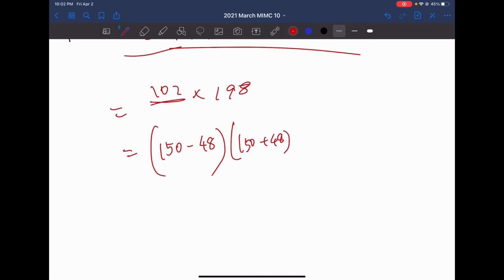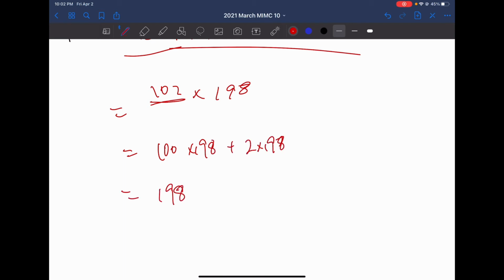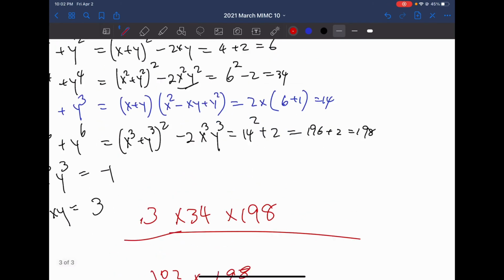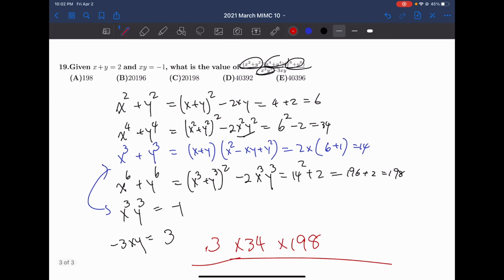But I am going to use the other method on this. So that will be 100 times 198 plus 2 times 198. That will equal 19800, plus that will be 400 minus 4, which is 396, or 20196 at the end, which is our answer B.